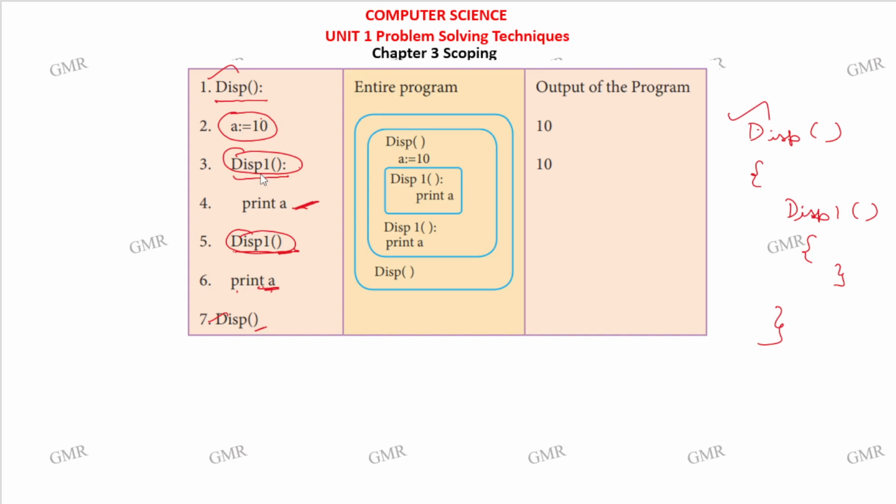Next one is built-in scope. Finally, we discuss the widest scope. The built-in scope has all the names that are preloaded into the program scope.